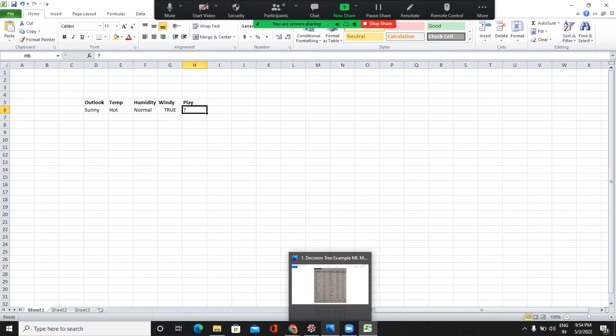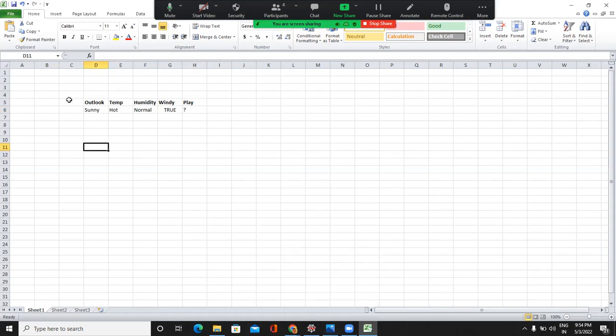So for the root node, one by one for each feature, we will find out a metric which will show, without any confusion, in how many cases a clear play decision is there in the past data.